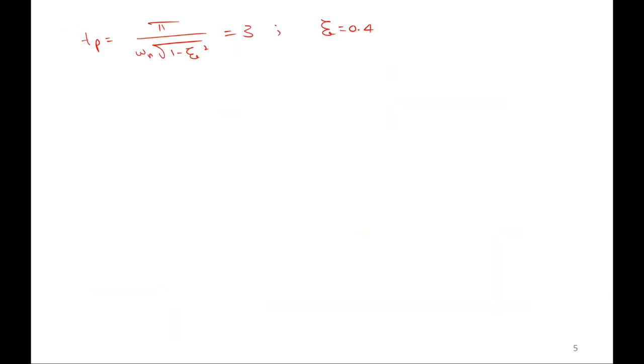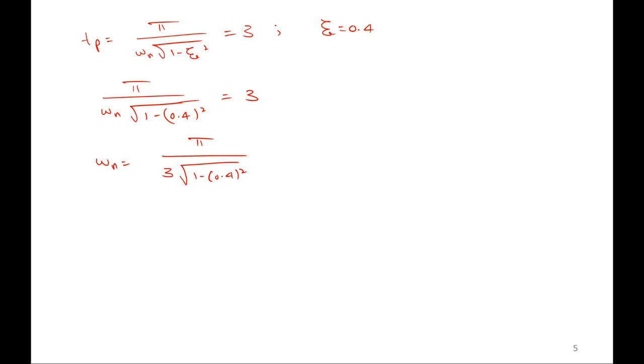So substitute here: pi divided by omega n into under root of 1 minus 0.4 whole square equals 3. Take omega n to this side and 3 to the other side. So omega n is equal to pi by 3 into root of 1 minus 0.4 whole square. You calculate this and you will get omega n.